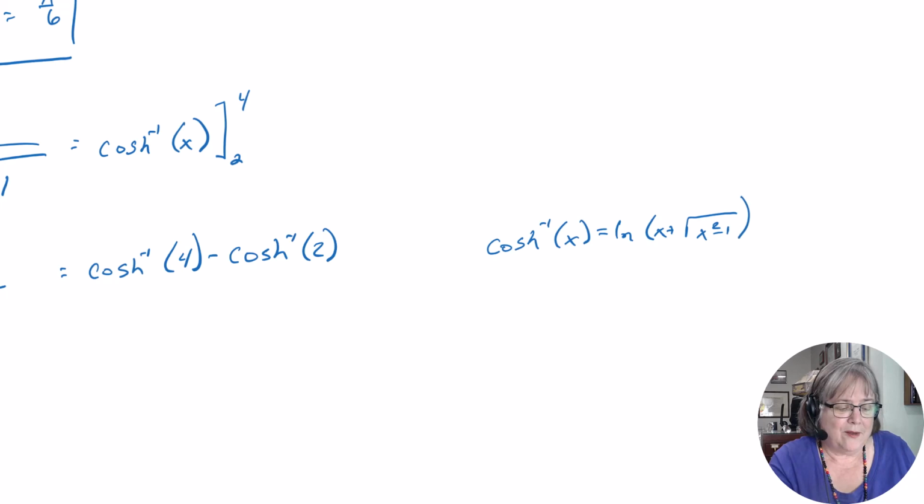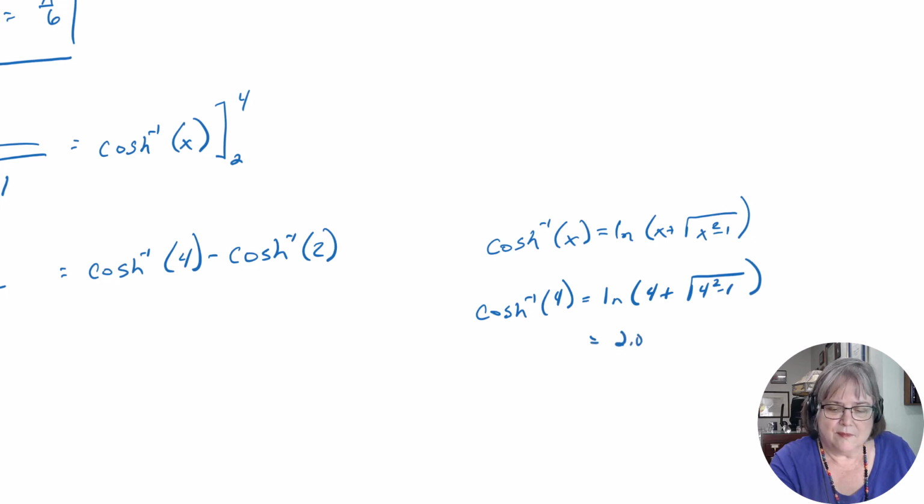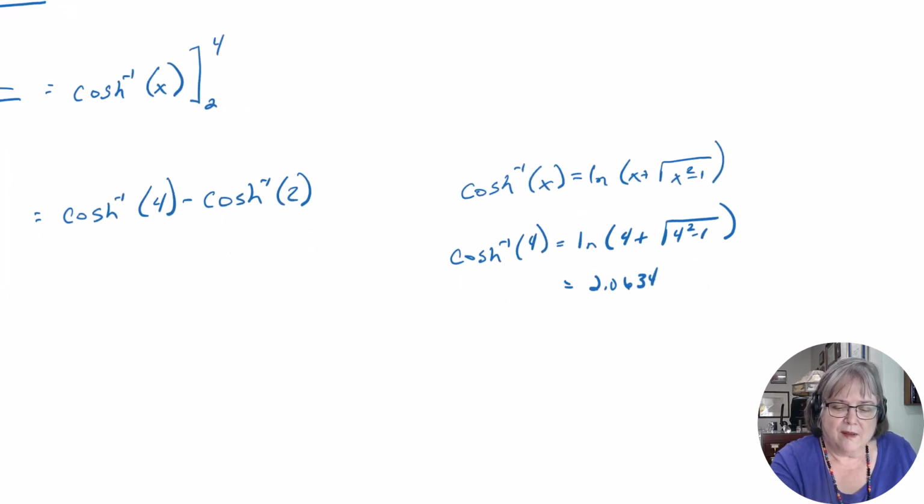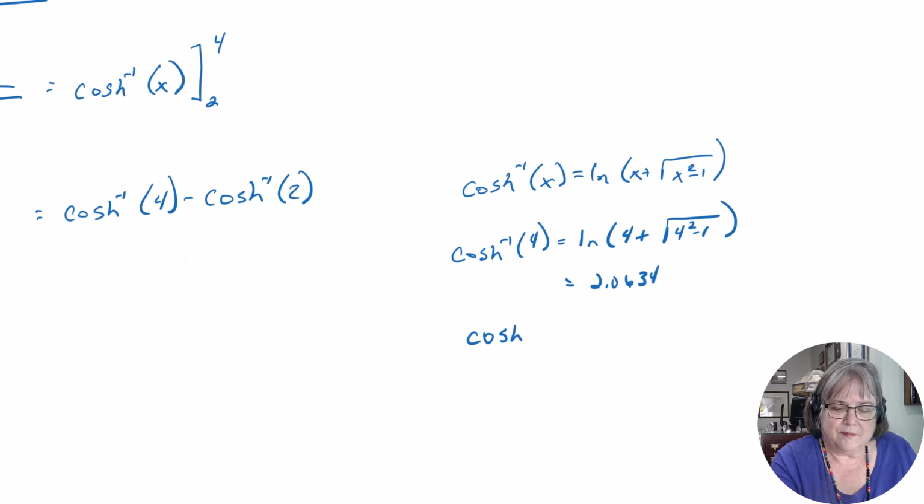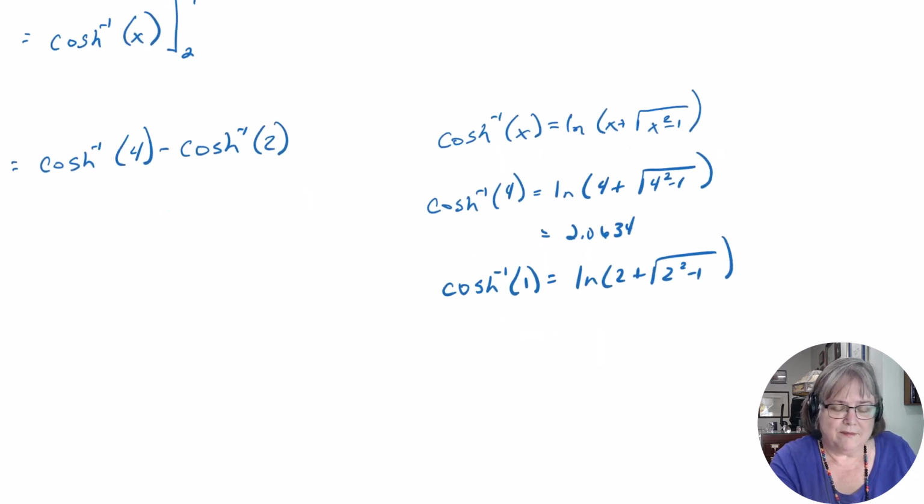This is how you evaluate these. I don't know that you're responsible for this. This is up to your class. I don't have this memorized. I had to go look it up.